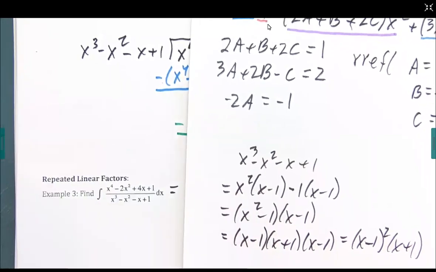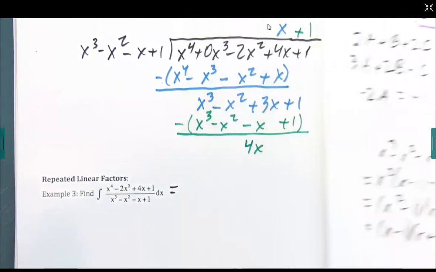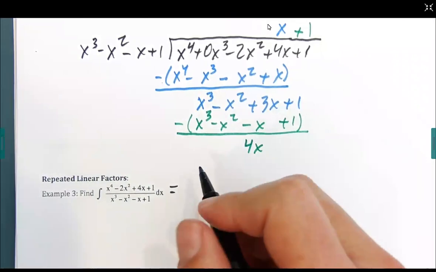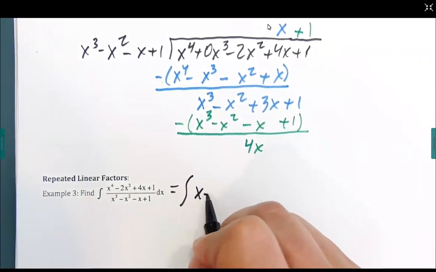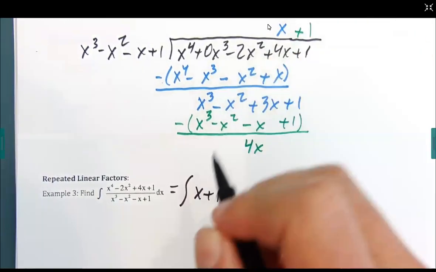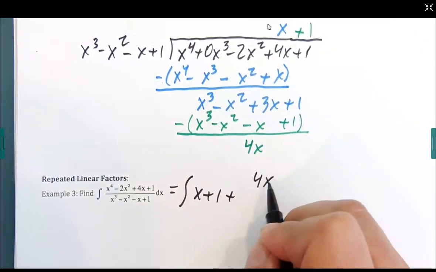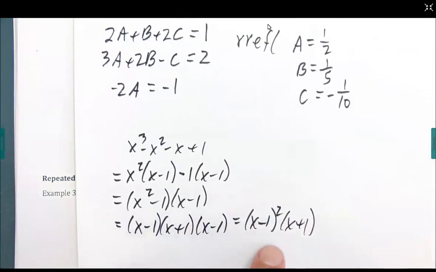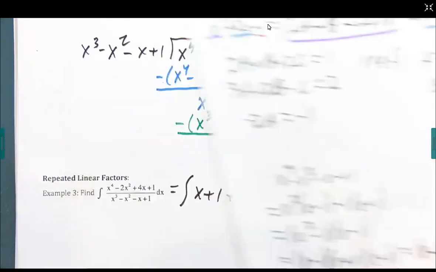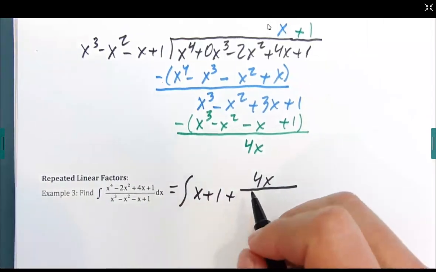There we have it. So this is now all going to become the integral of x plus 1 here, plus 4x over, and I'm going to rewrite the denominator in its factored form here. Notice I have a repeated factor there.